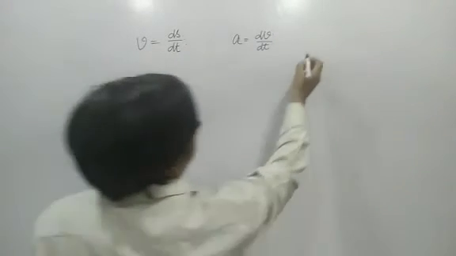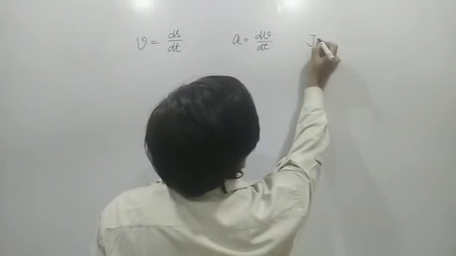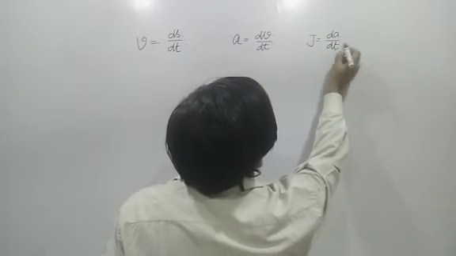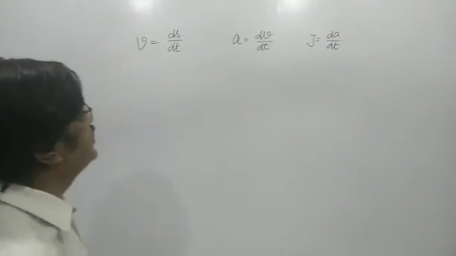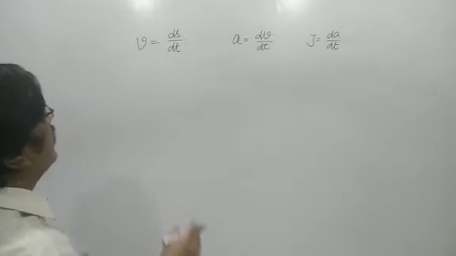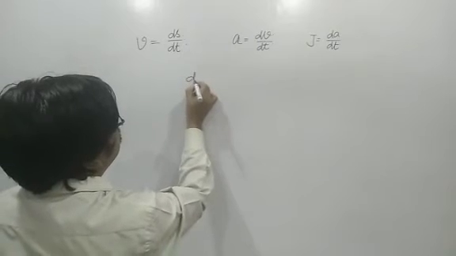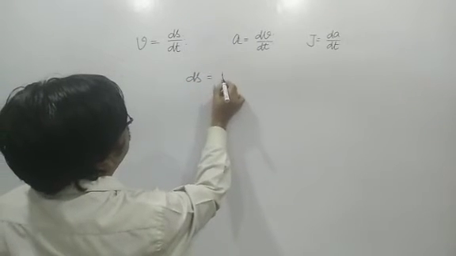And you can write down jerk j equals dA/dt. Very simple. So if you use this equation, ds equals v dt.